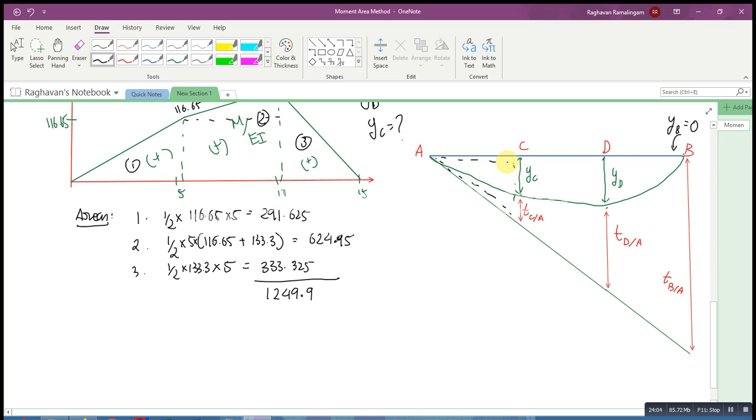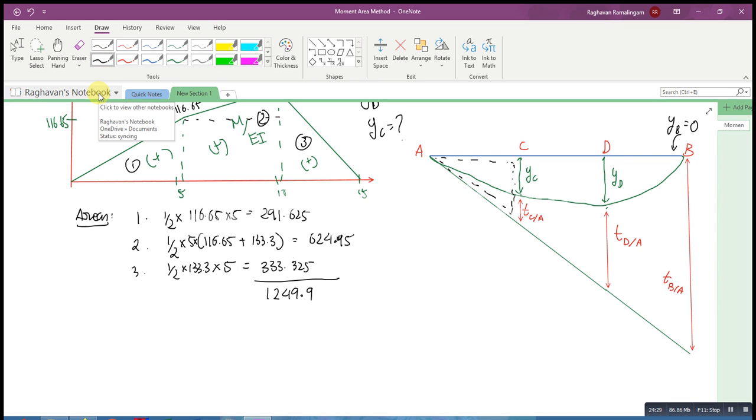And if I take this whole triangle, they will both be similar triangles. So I'm going to use similar triangles with the values of YC, TCA and TDA, TBA being a known value because this full thing is TBA. Okay, let's proceed with it.